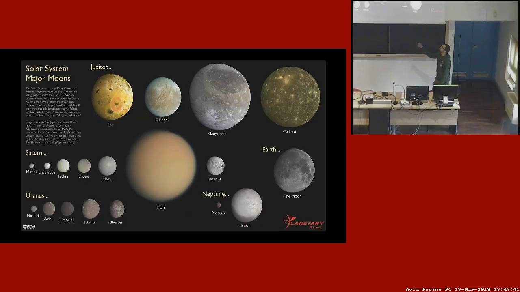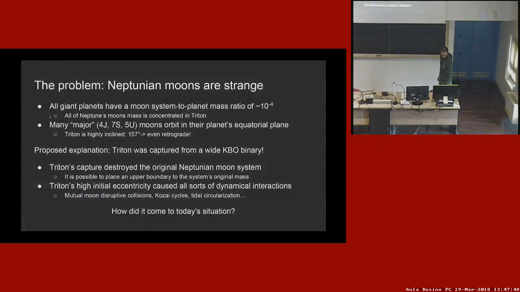So, why is that? Why do we see this regularity in the gas giants? Particularly an important parameter is the moon system to planet mass ratio, which is more or less consistent across all the systems, and is 10 to the minus 4. But while in Jupiter, Saturn, and Uranus this 10 to the minus 4 of the planet's mass is distributed across several satellites, in Neptune we just have Triton.